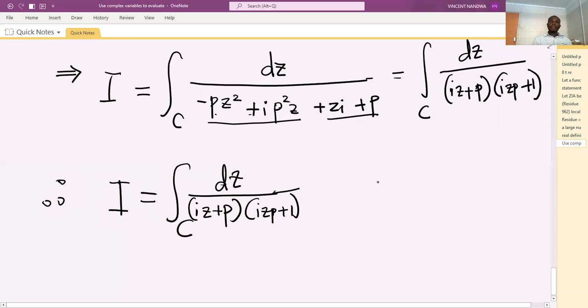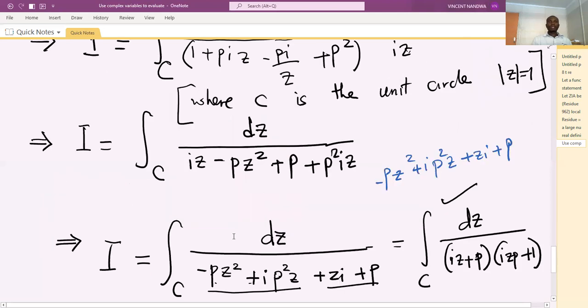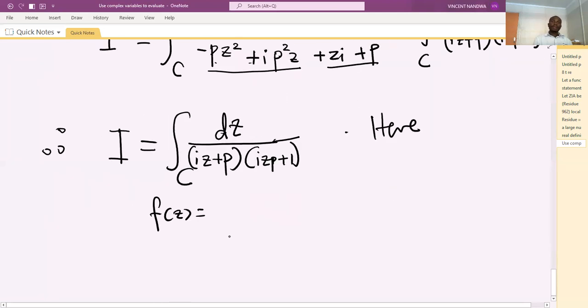So here, f of z is given by, remember we have specified that c is the unit circle, 1 over iz plus p, izp plus 1.